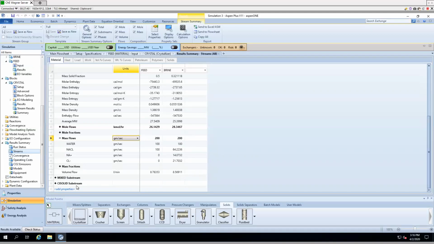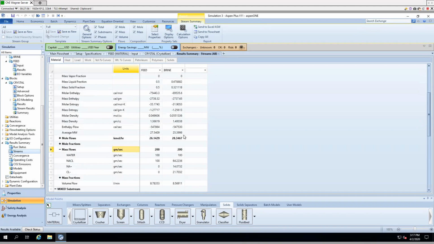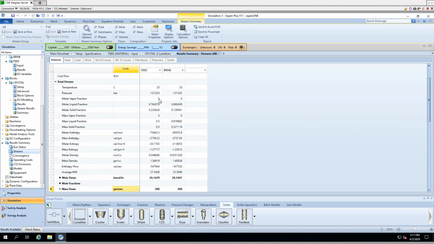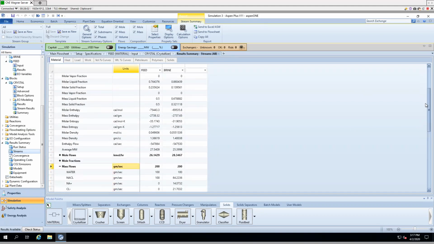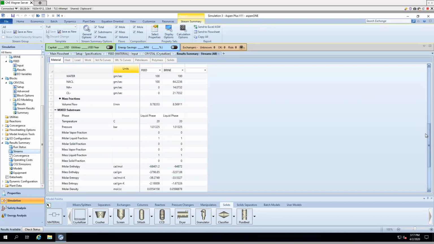But I want to show you something. You'll see here where it says mixed substream, and it says CI solid substream. This is where Aspen handles those substream things I was talking about. So if we go under mixed substream, notice how originally we were dealing in total stream, so the composition of the entire stream. Let's just look at just mixed substream.